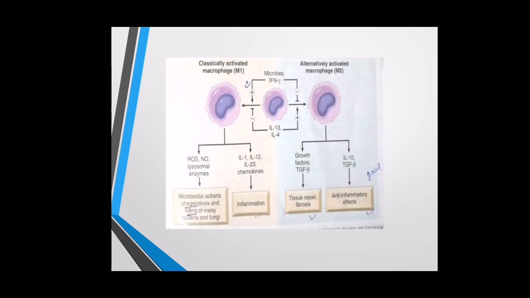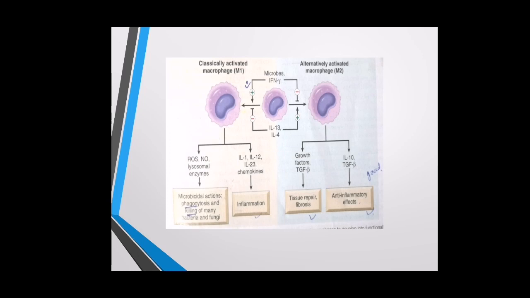differentiated. Mainly two types of macrophages are there, M1 and M2. M1 is the classically activated macrophage. What activates it, and what does it secrete?